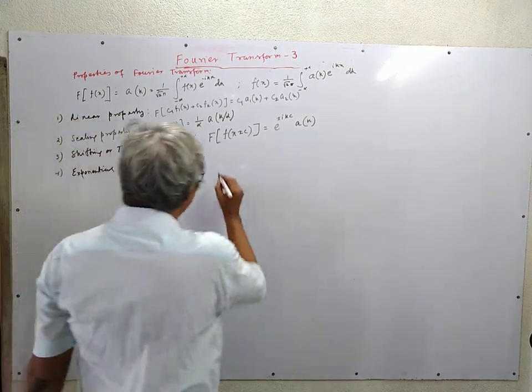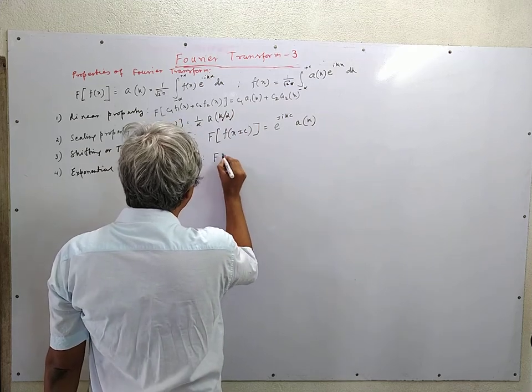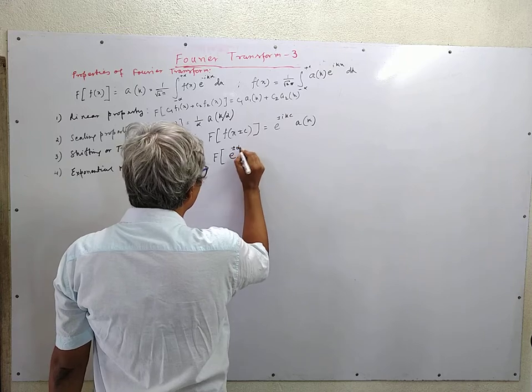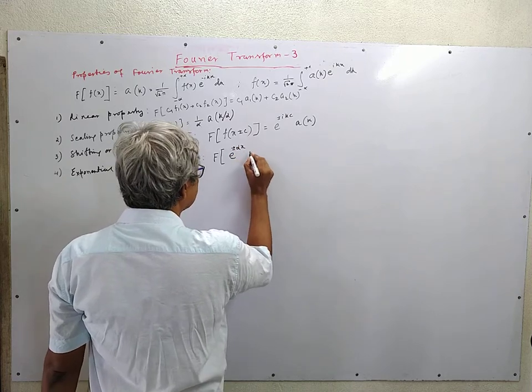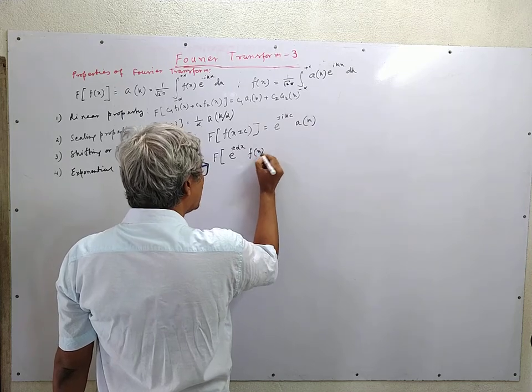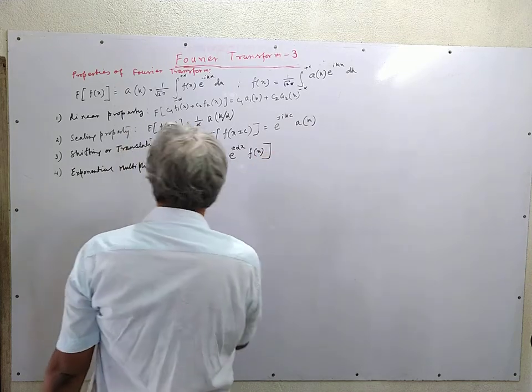This means the function f has been multiplied by e to the power plus minus alpha x, that is e to the power plus minus alpha x f of x. This is what will be its Fourier transform.